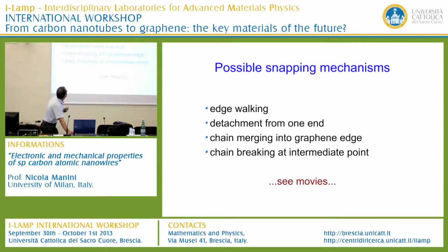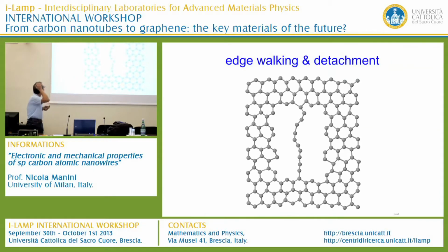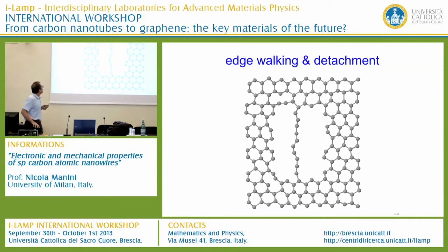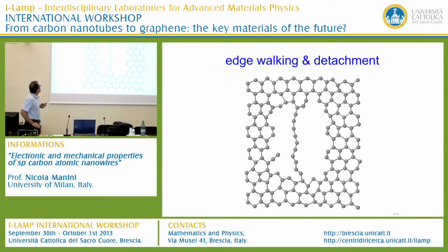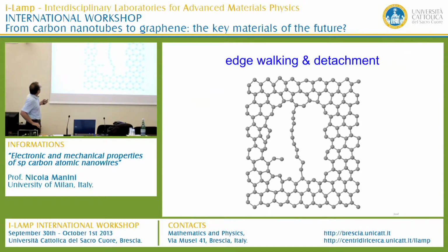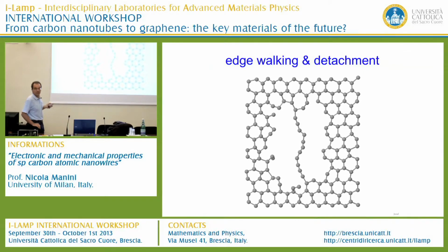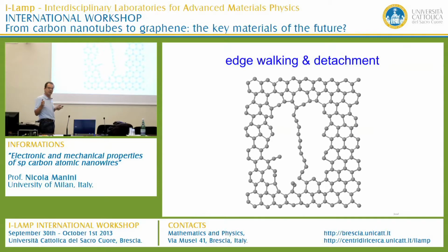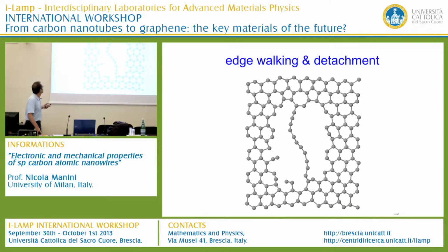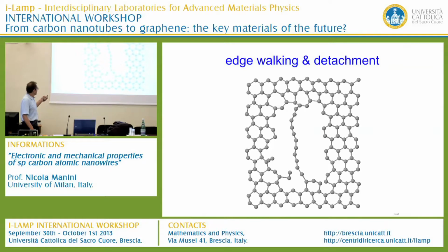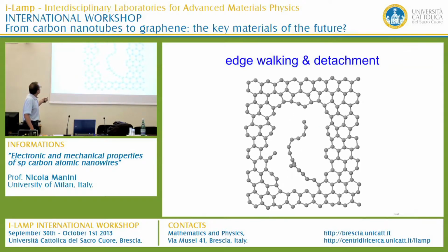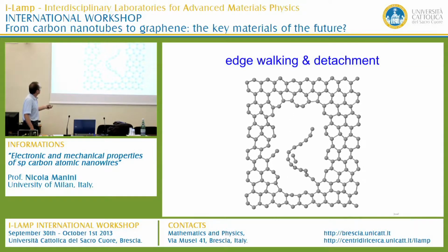And we observed many kinds of features like edge walking, detachment from one end, chain merging into the graphene edge, or chain breaking at some intermediate point. So let's see a few little movies illustrating those different points. Here you see an example of edge walking, very similar to the one that we've seen in the TEM experiment by Chuvilin, which shows that the chain can detach and then reattach somewhere else.